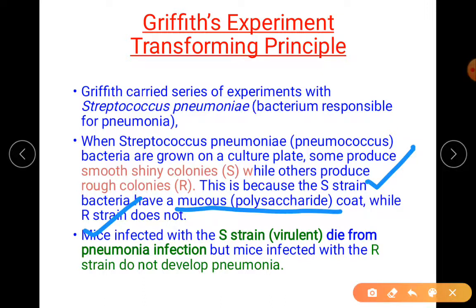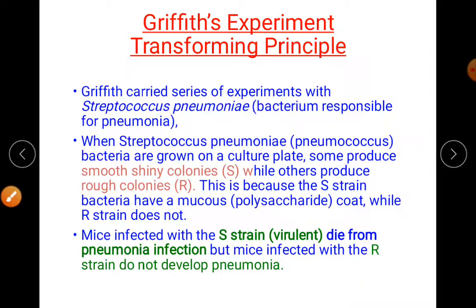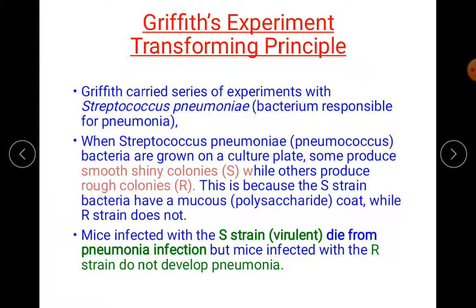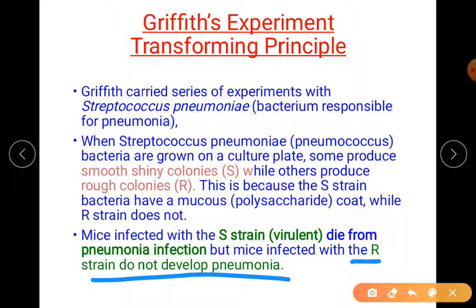I hope you remember what a capsule is and what a slime layer is; it was discussed in your first PUC. This capsule is what keeps them virulent. When I say virulent, it can cause pneumonia infection. When I say non-virulent, it does not cause infection.